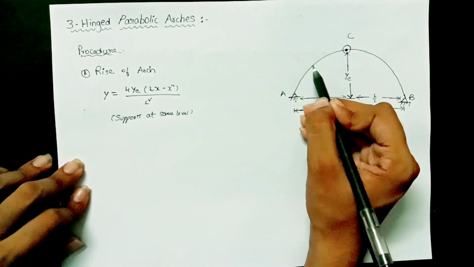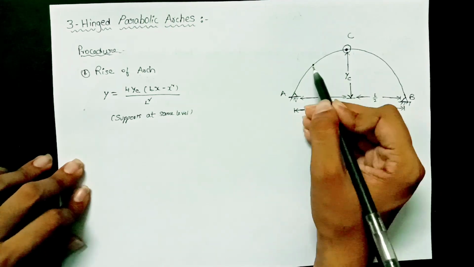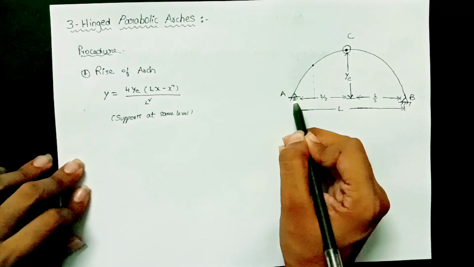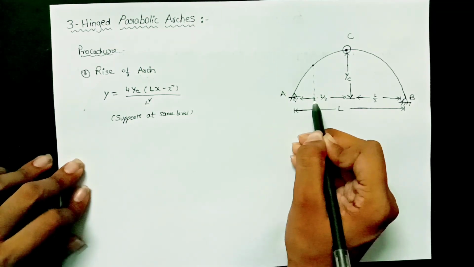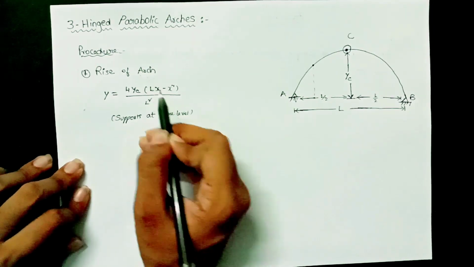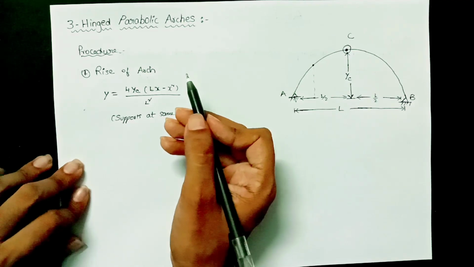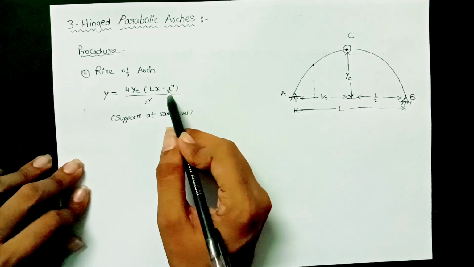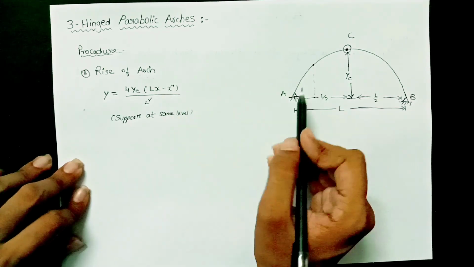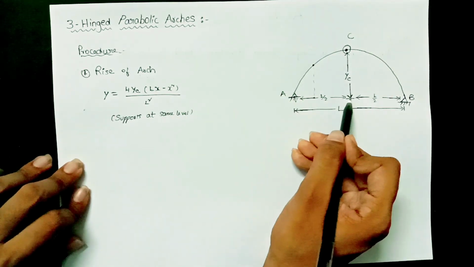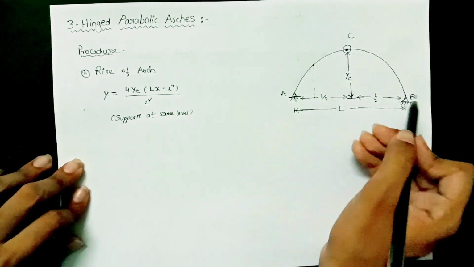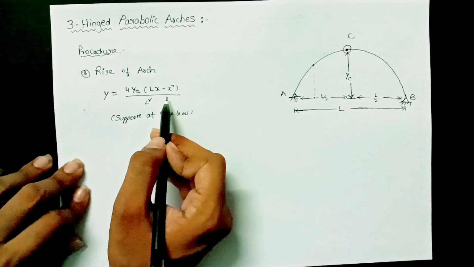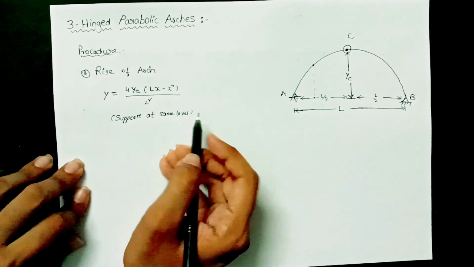For example, if you drop an imaginary line from a point, the distance from the support to this point is x. The point where you want to find the moment is taken as x. Remember, x is taken only from the supports, not from the center. You can take it from either support. This formula is applicable only when the supports are at the same level.